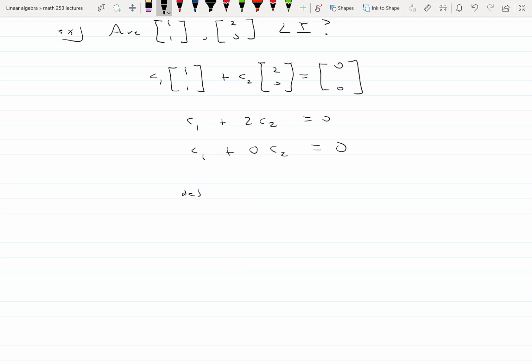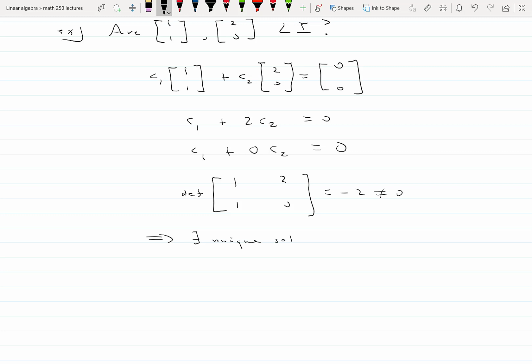The determinant of the coefficients matrix for this system is equal to -2, which is not 0. If the determinant of the coefficients of a system of n equations and n unknowns is not 0, that means there exists a unique solution.